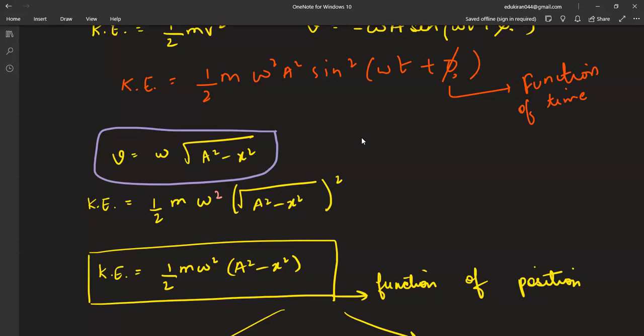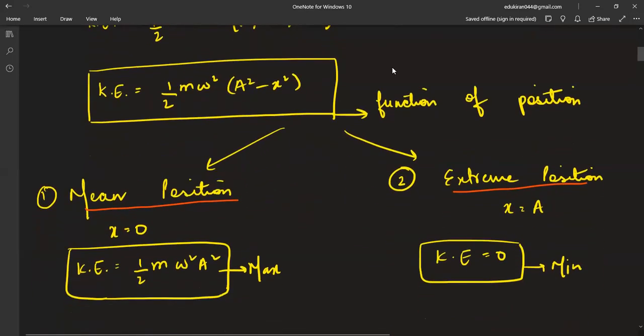Because velocity was omega under root a square minus x square, kinetic energy was written as half m omega square under root a square minus x square, whole square. When the squares cancel, the half multiplied by the 2, we obtain half m omega square into a square minus x square. This is the function of position.